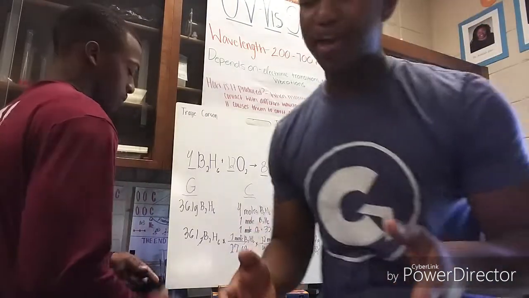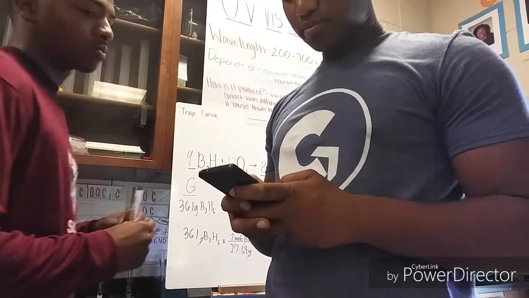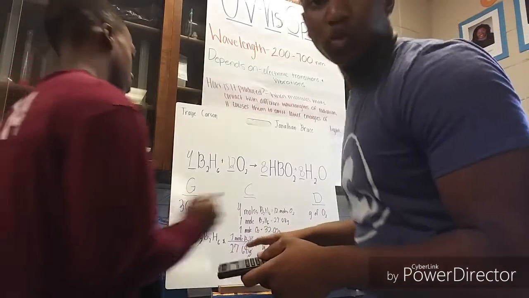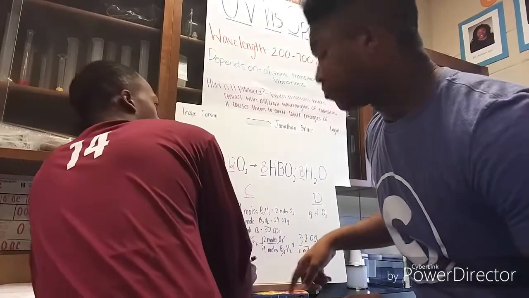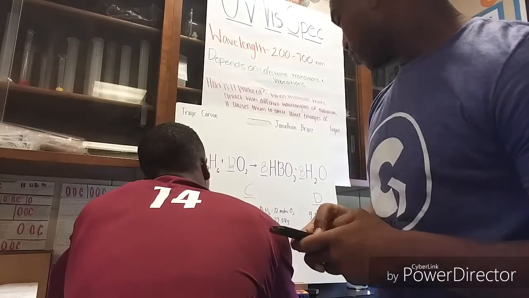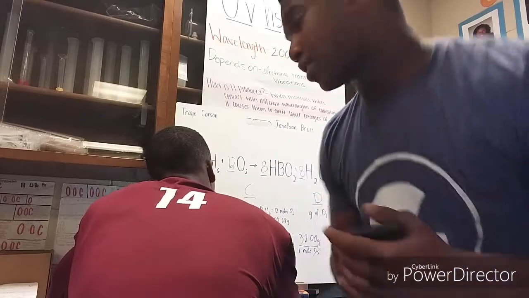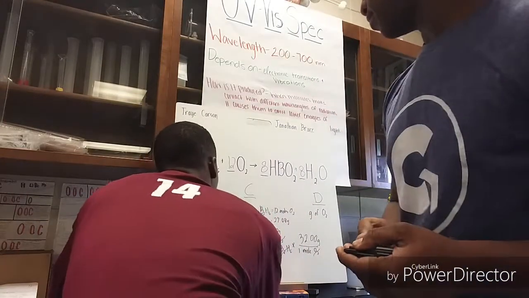Now we're going to do the math real quick. You want to do the bottom first because you're going to save the number for later. From the math on the bottom, 27.68 times 4 is 110.72.